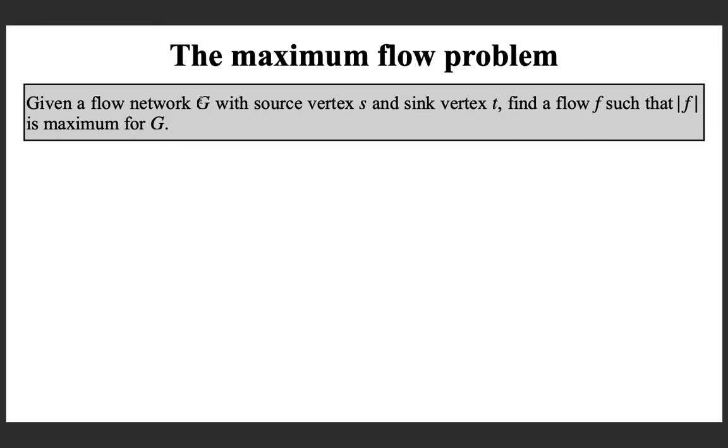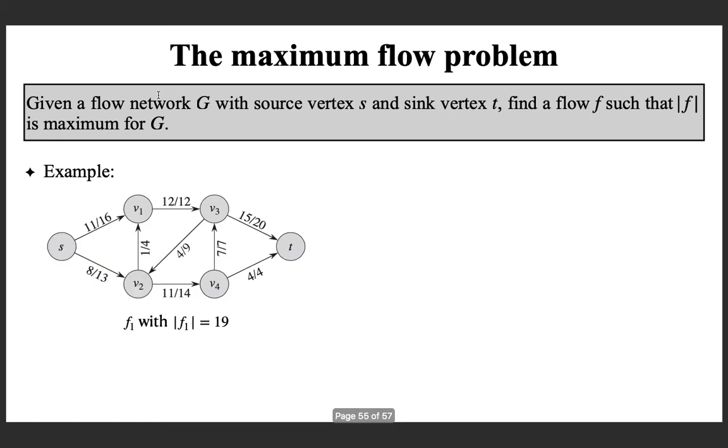Given a flow network G, which is a graph with vertices and edges, and we know that there is a unique source and a unique sink, the problem is to find a flow such that the value is the maximum possible for that flow network. For example, here you are given a flow network and a flow. The flow is also shown. And what is the value of the flow? The total outgoing from S minus total incoming, which is 19 because there is no incoming, 11 plus 8.